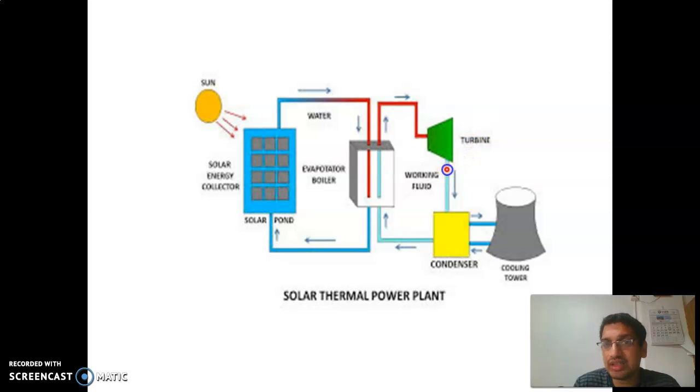We tap the steam from the turbine and apply it to the condenser, and cool water is supplied to the condenser. So the condensation process takes place here, and the steam is converted to liquid form, and we recirculate or resupply it to the boiler. So that is the working of the solar thermal power plant.